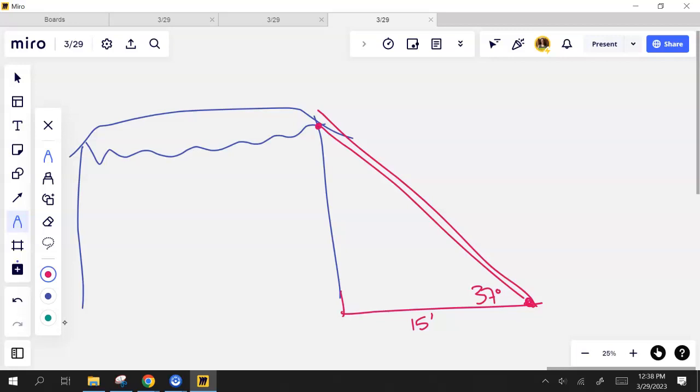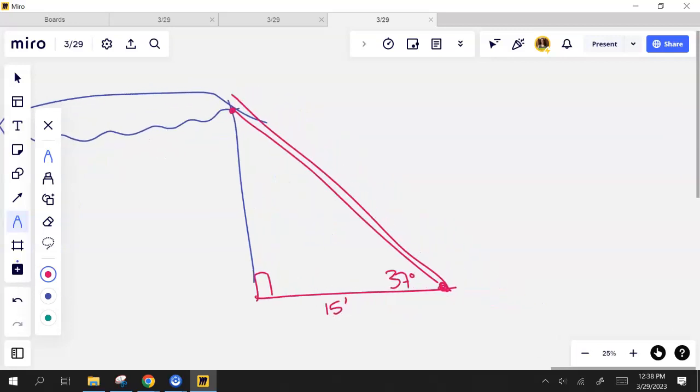The hypotenuse is the string. Oh my God, I messed up. Which one is this? But I also just made it a triangle and started writing stuff. This is 13. I have the adjacent. I need the hypotenuse, so I'm going to use cosine. Adjacent over hypotenuse.